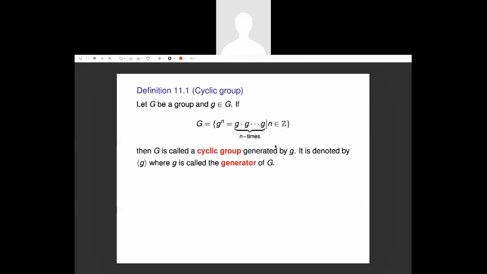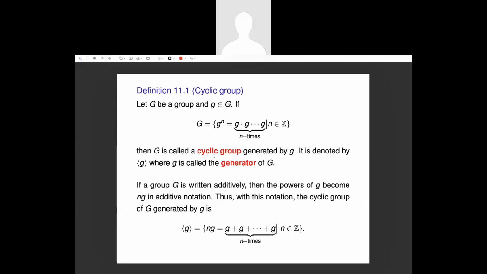If such an element exists, then one element can generate all the elements of the group. So if all the elements of a group are generated by a single element, then this group is called a cyclic group, and the element which generates all the elements of this group is called the generator of this group.